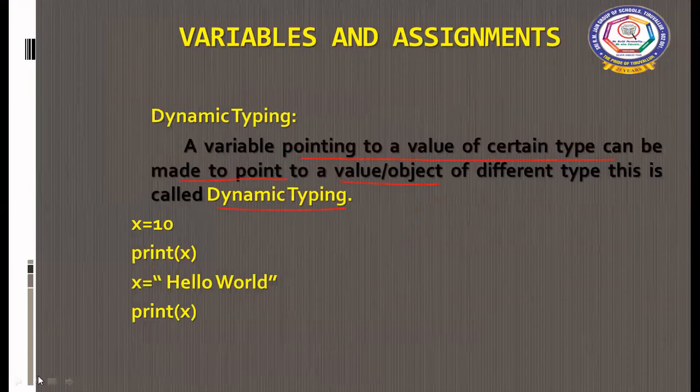Here is another example. X equal to 10, print x, that is it is pointing to the value of 10. Again we have changed the x value to a string value, which is hello world. So when we print the x value, it gives hello world.